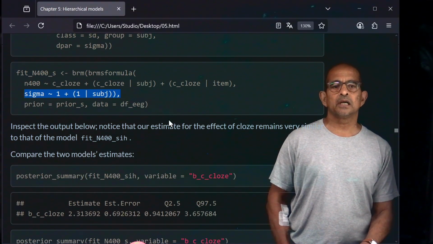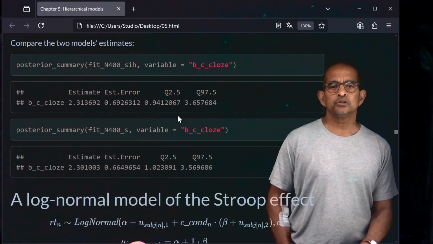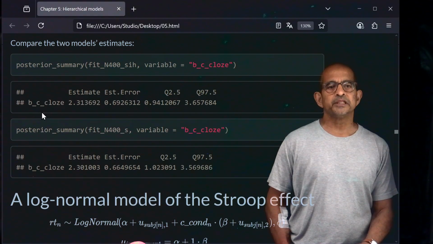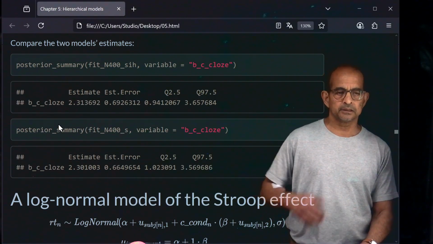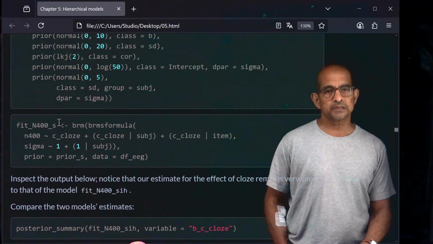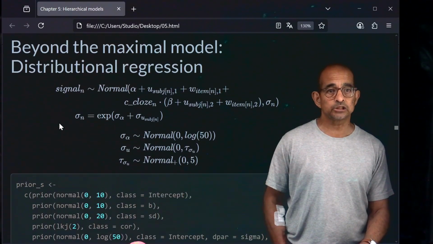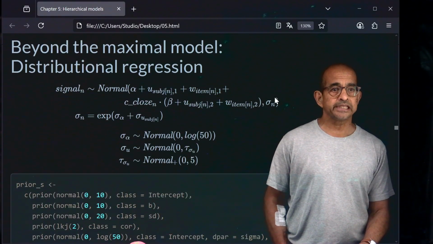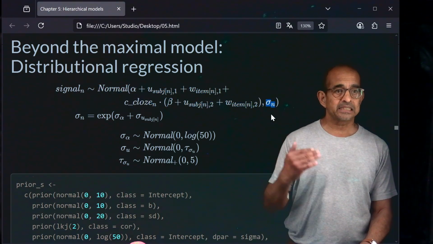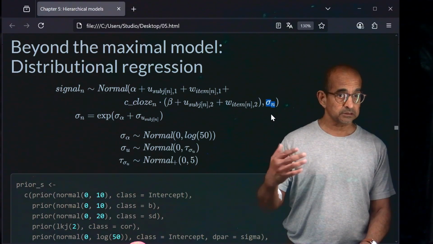So you can look at the output of this model as well, and you'll see that you will have additional information due to that, the varying intercepts for the residual standard deviation as well. So that's a potentially useful model in a situation where you want to take seriously the possibility that different participants might have different residual standard deviations.